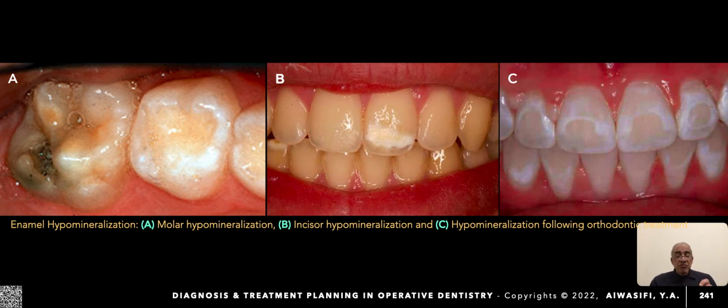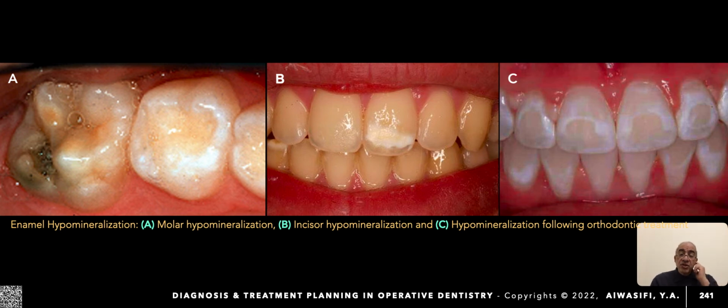If you find these hypomineralized or white spot lesions only in the two centrals and the first molars, then it is related to early childhood fever, because as we mentioned before, those are the tooth germs present in the jaw at this age.